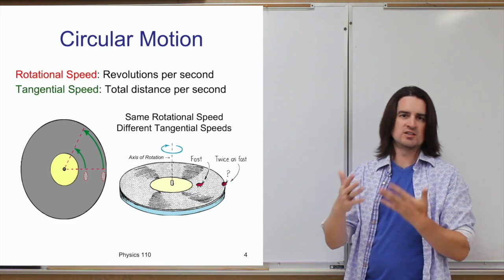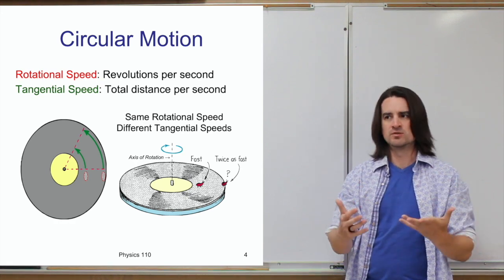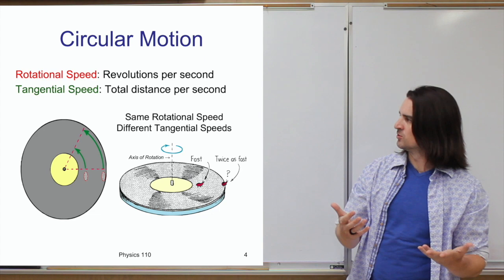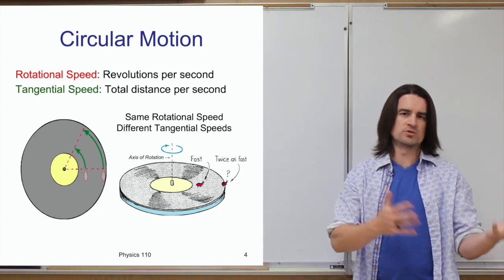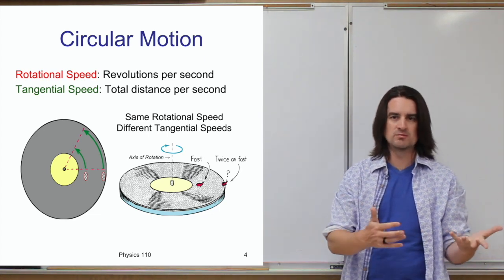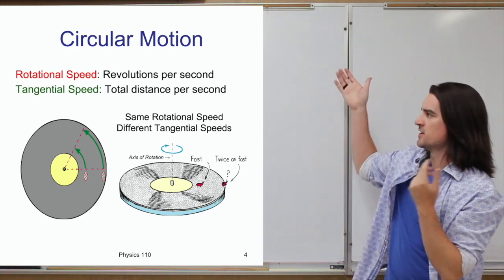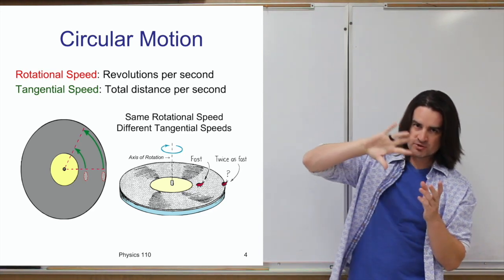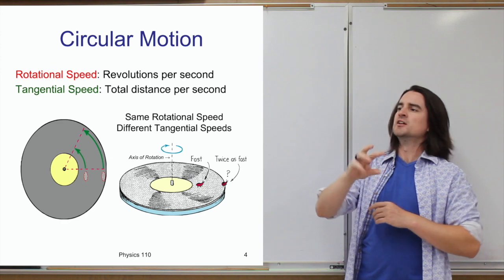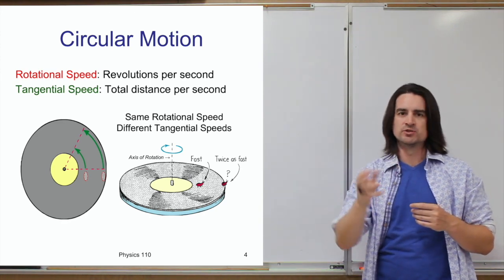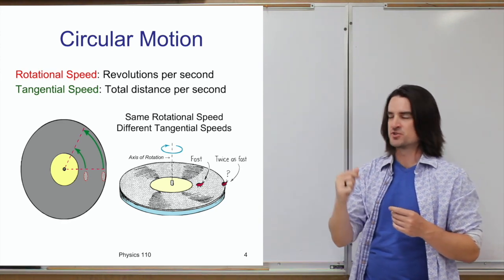I divide those two, and I get a tangential speed. So the new thing here is the rotational speed. When we're talking about revolving, rotating, it's how many revolutions, or how many times something goes around, per second.